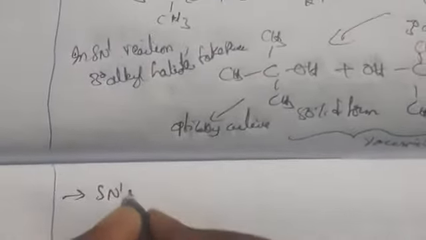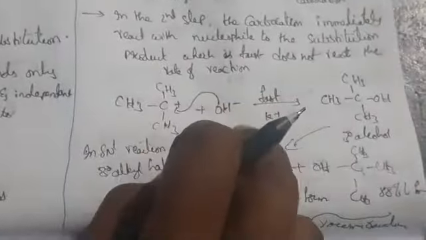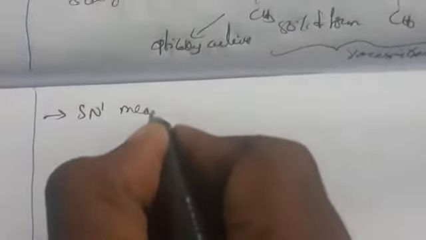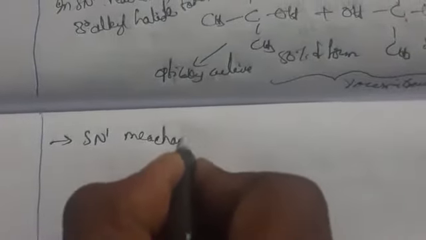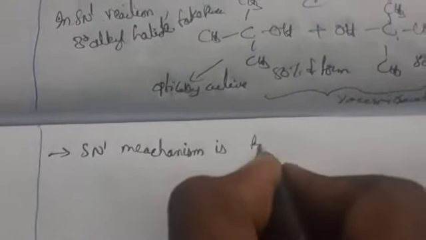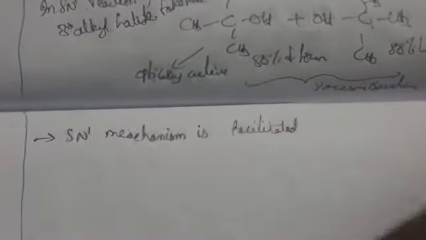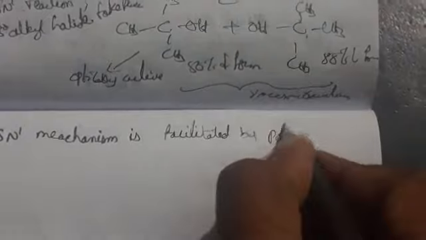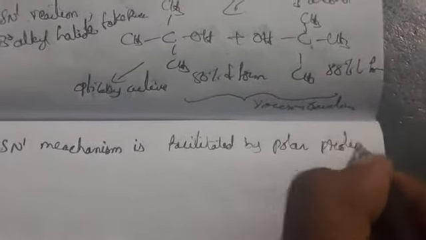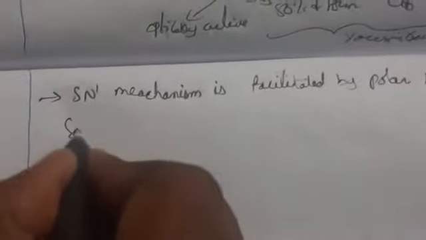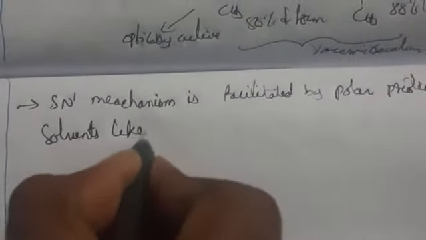So coming to here in SN1 reaction, what are solvents? Here I have taken this solvent is OH, means alcohol I have taken. Okay, so what we can say, SN1 mechanism is facilitated by polar protic solvents like water.